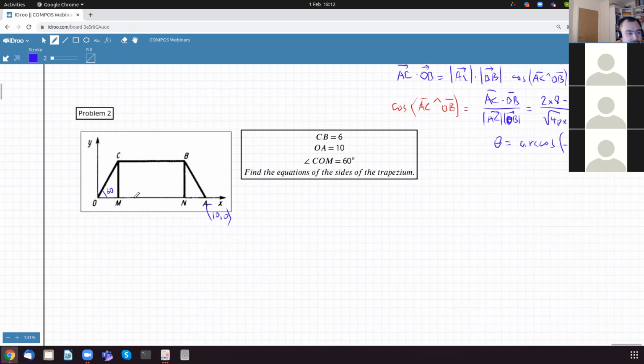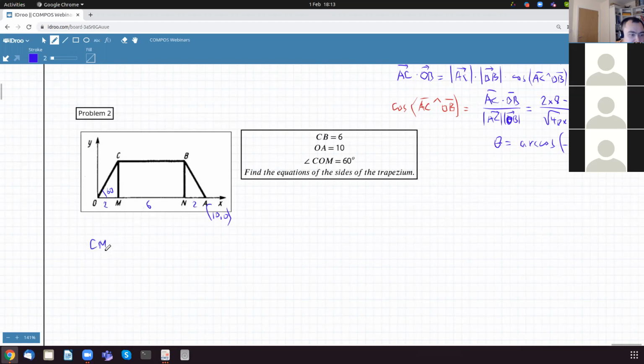OA is 10. The angle is 60. So this is 6, and the whole thing is 10. So this must be 2, and this must be 2. And if this is 2, then you can find CM.